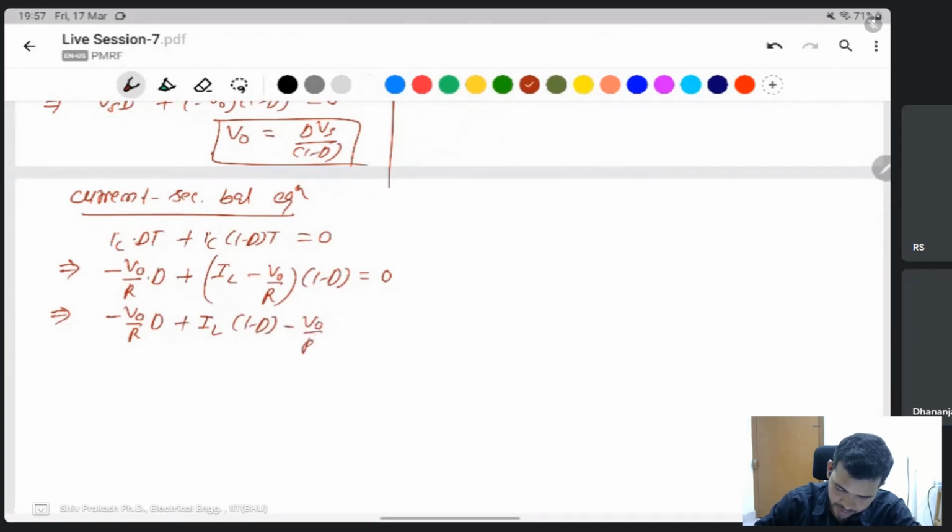Minus this V naught by R plus dV naught by R is equal to 0. This cancels out. You can find the inductor current. The average inductor current is V naught by R into 1 minus D.